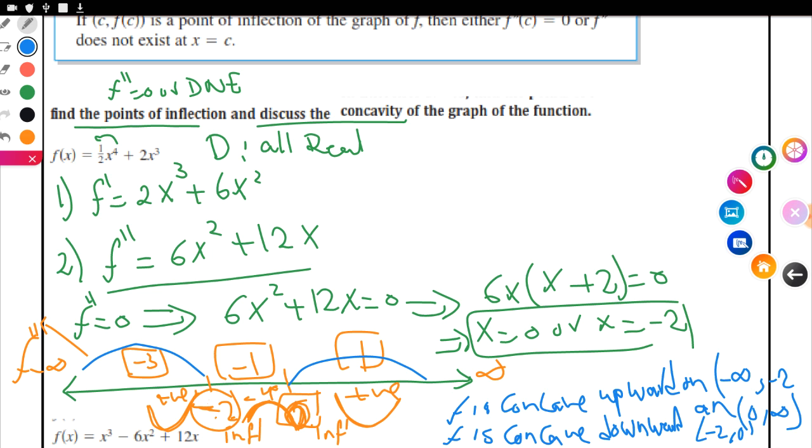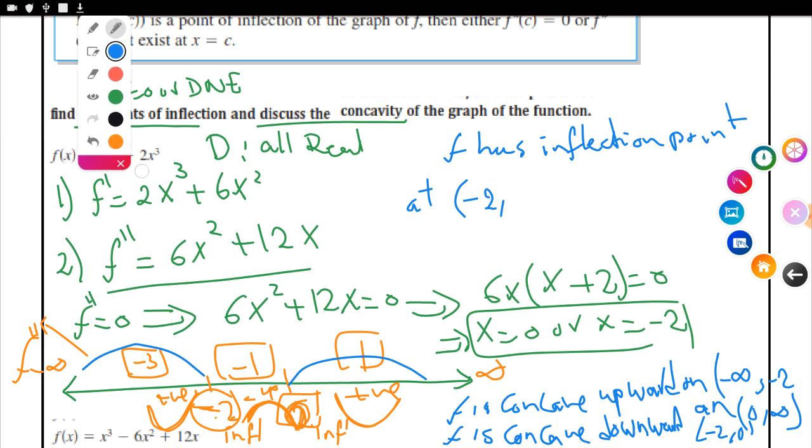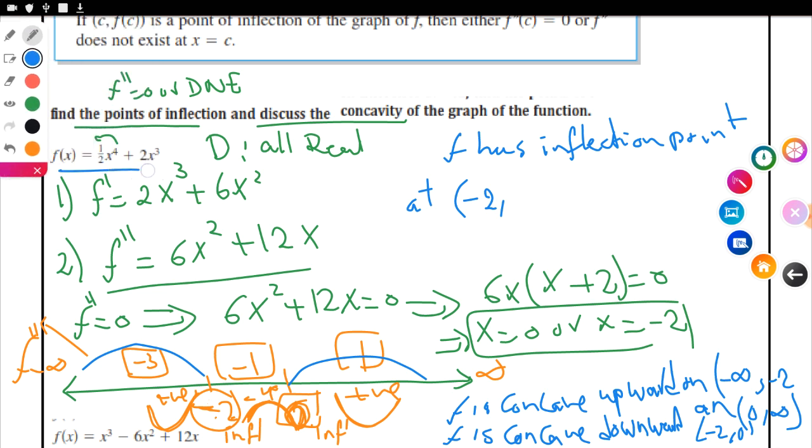So f has an inflection point at negative 2 and f(negative 2). To find the y coordinate, I have to replace in the original function. What is the value?